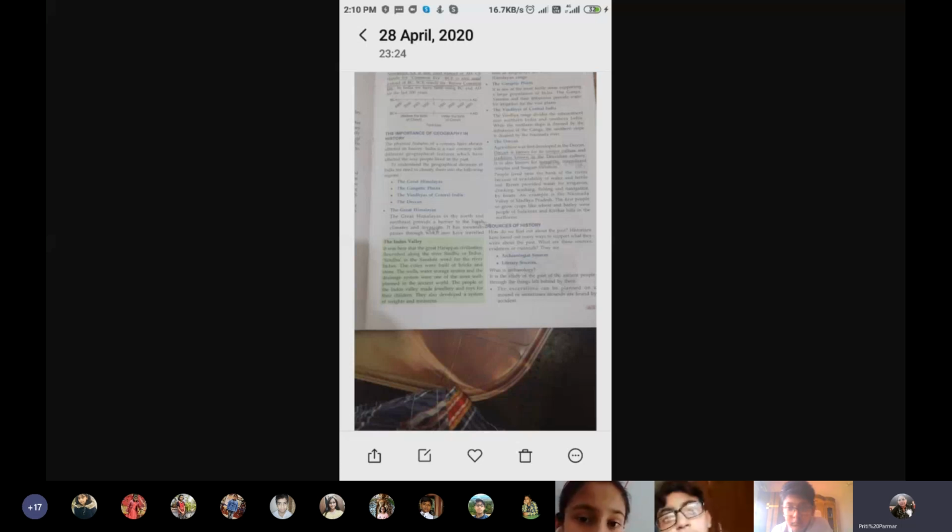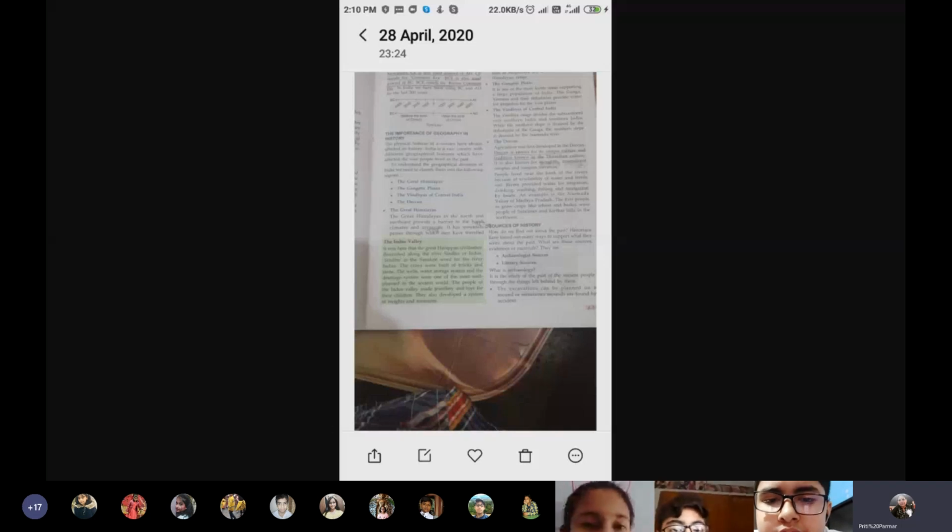So now they are telling you about the various landforms which are present in India. These are the geographical features. Supposing the Great Himalayas, they are on the topmost northern side of India's map.